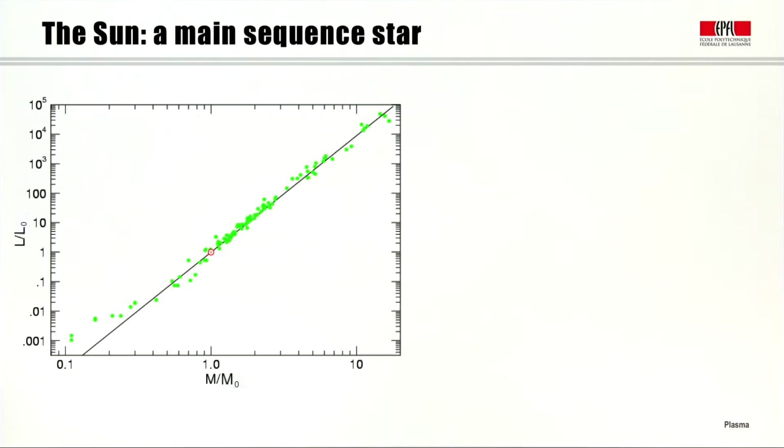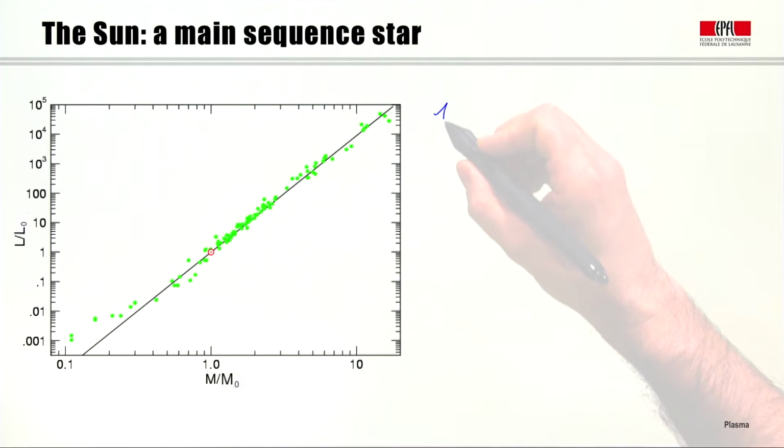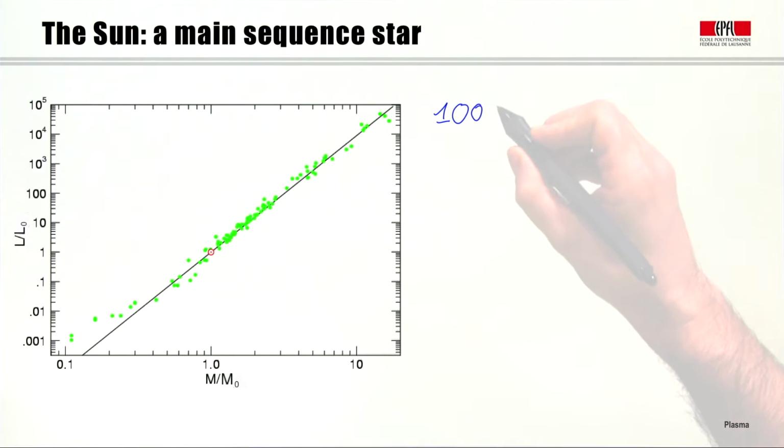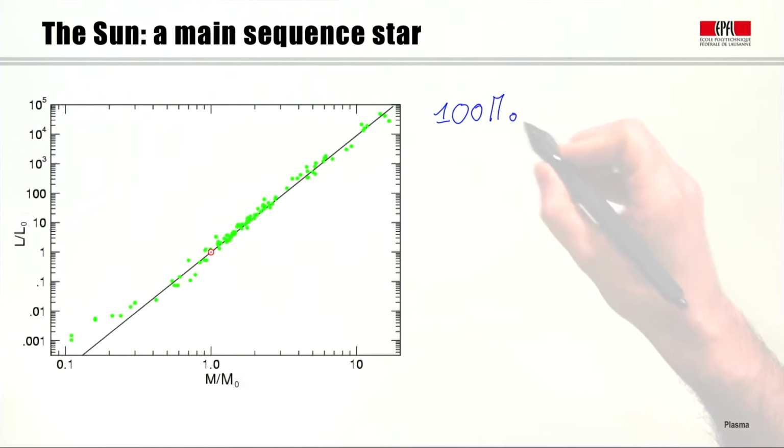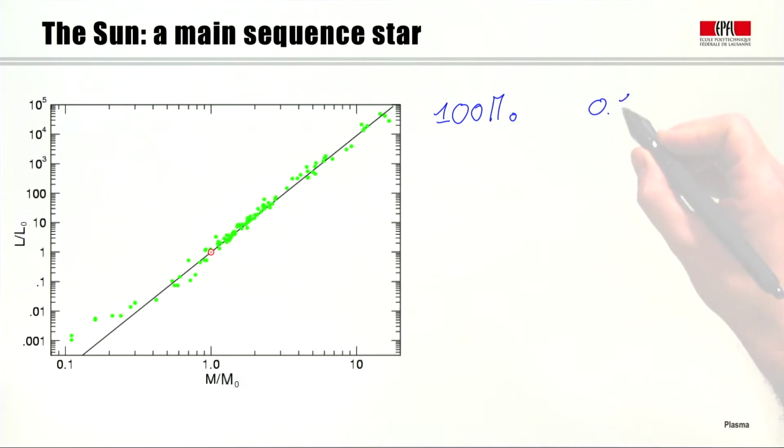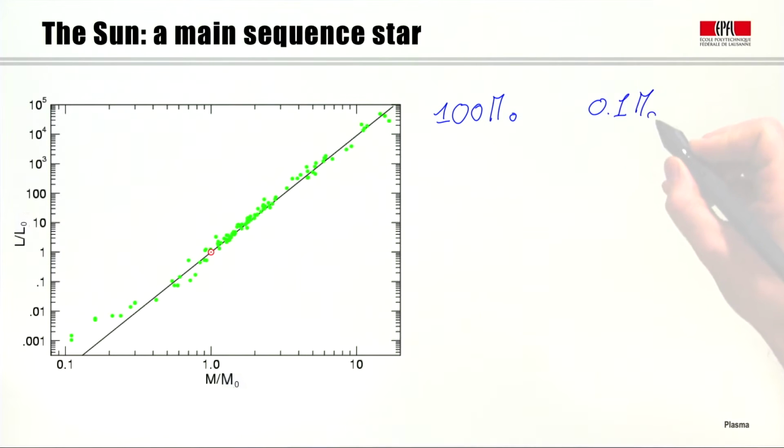The Sun is a main sequence star, that is, a star that has been shining steadily for a fair amount of time. The largest mass observed for a main sequence star is approximately 100 times the mass of our Sun, while the lower limit is slightly below 0.1 times the mass of our Sun.